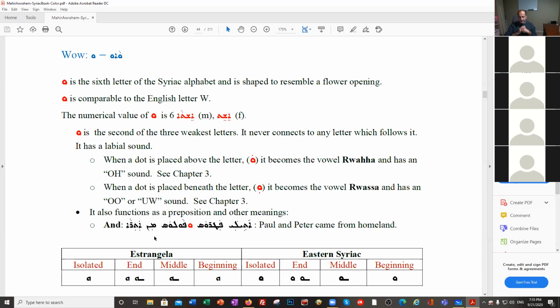Upolus means and Polus, Peter. Wa, Peter. Wa, Polus. Okay, so it's a preposition as well. So we have so far 3 letters that function as a preposition. The first one was beth. Second one was daleth. Third one is waw. We have one more to go. Okay, we're gonna mention that one when we study that letter.